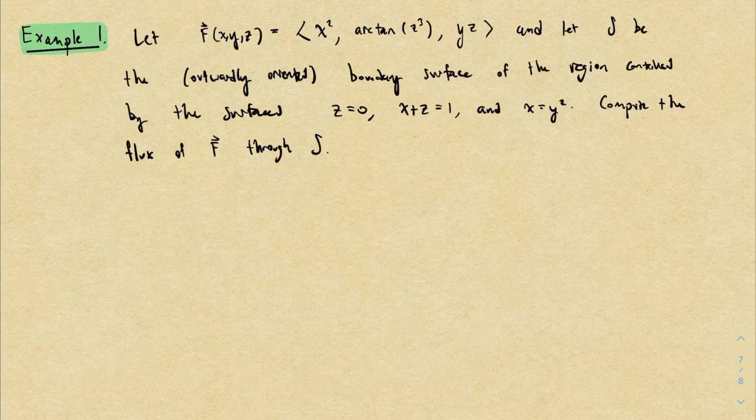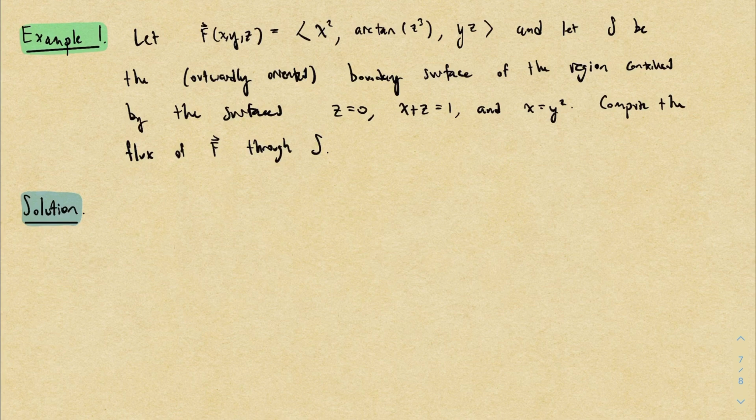And we're given a surface S, which is the outwardly oriented boundary surface of some region. And that region is the one contained by the surfaces z equals 0, x plus z equals 1, and x equals y squared. The goal of the problem is to compute the flux of this vector field through this surface S.